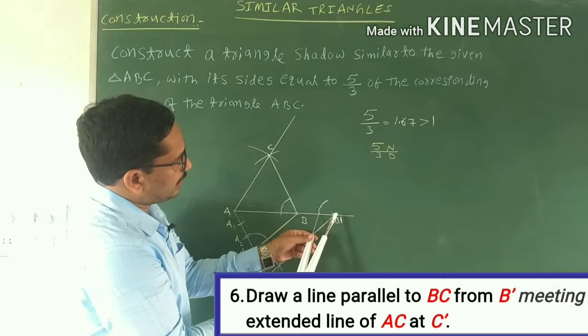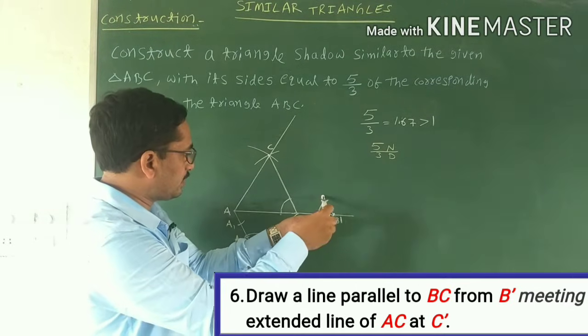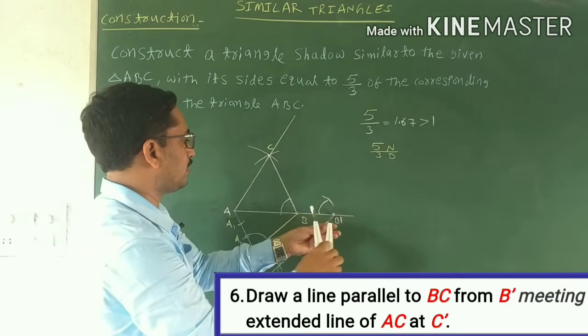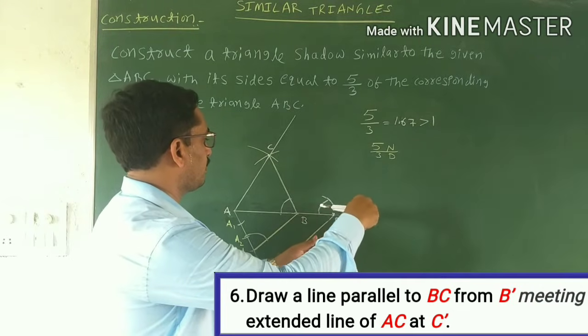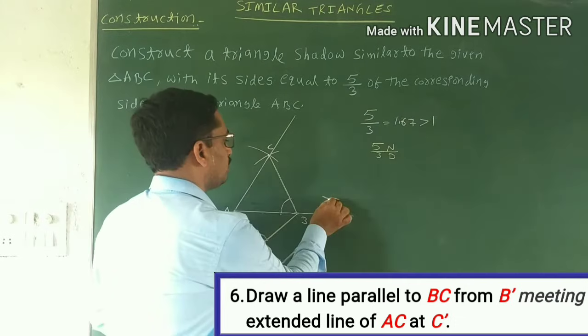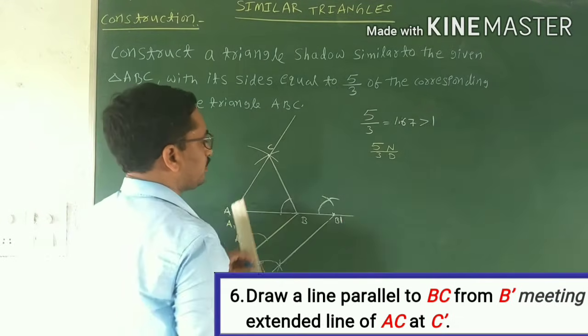Now by taking the center at B dash, cut the arc which is drawn from B. So locate the point where the two arcs cut. This is the point of intersection of two arcs.